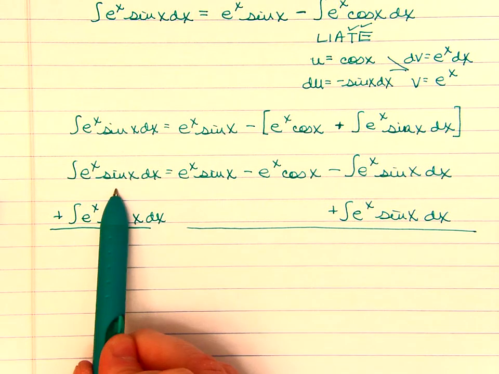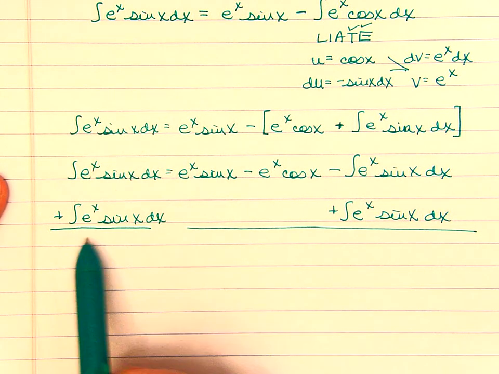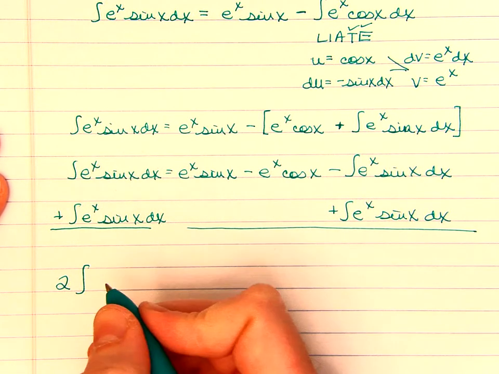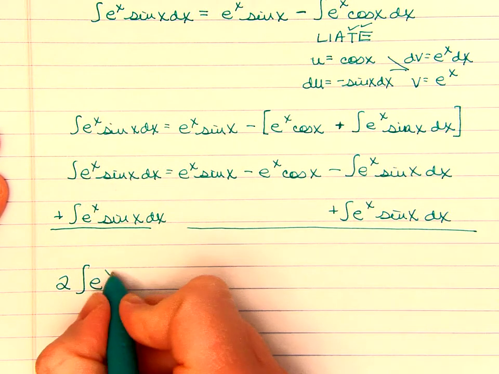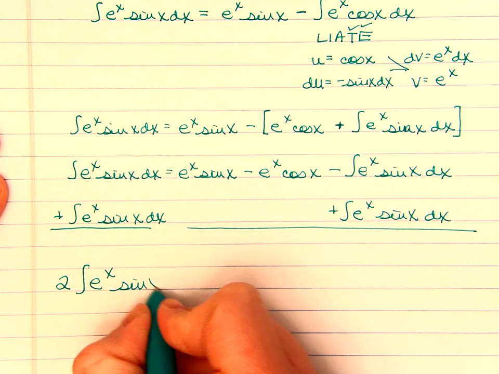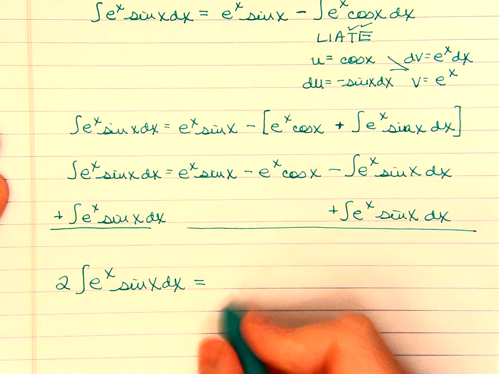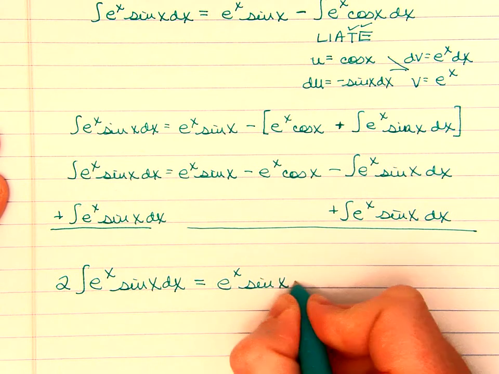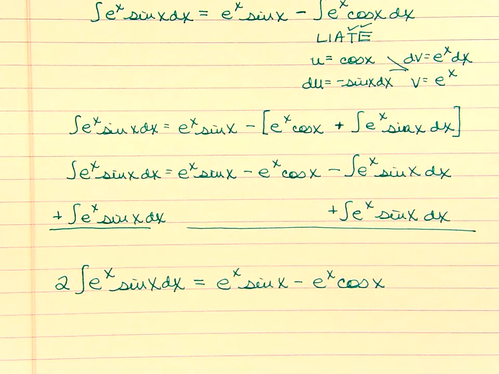I've got the integral of e to the x sine x dx plus the integral of e to the x sine x dx. Well, that's going to give me two of those integrals over there. Normal algebra stuff, even though the variable is kind of like an integral. I'm going to say 2 times the integral of e to the x sine x dx equals, well, those pieces canceled over there, e to the x sine x minus e to the x cosine x.